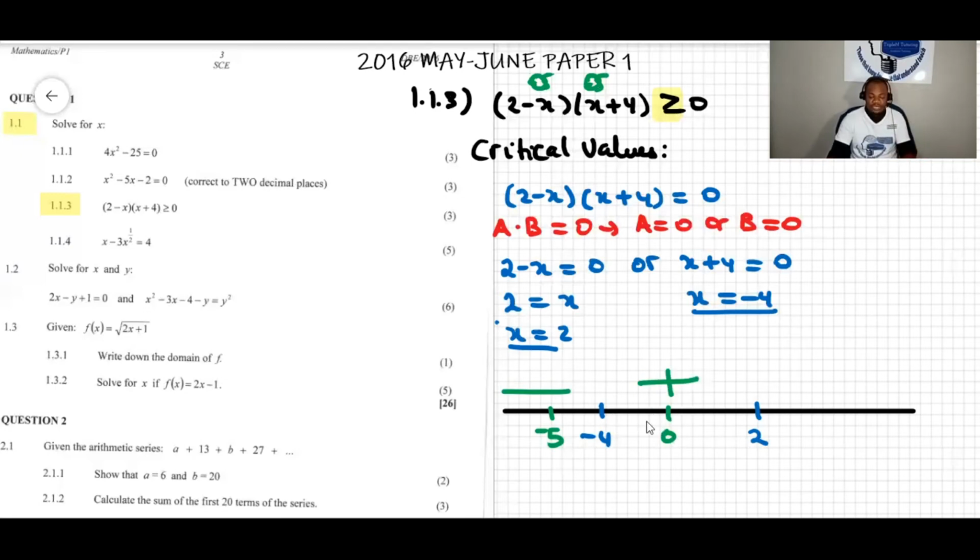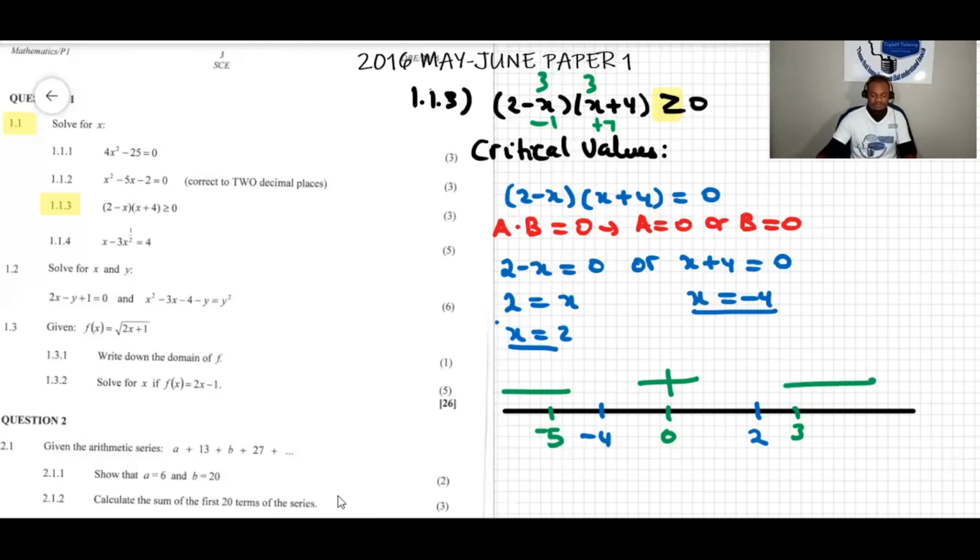It's going to be true for any number within the interval. Then after 2, I take a number like 3, for instance, and substitute 3 for x. Over here I'm going to get negative 1, and then I have positive 7. So negative 1 times positive 7 makes negative 7. So in this interval, the solution must always be negative.